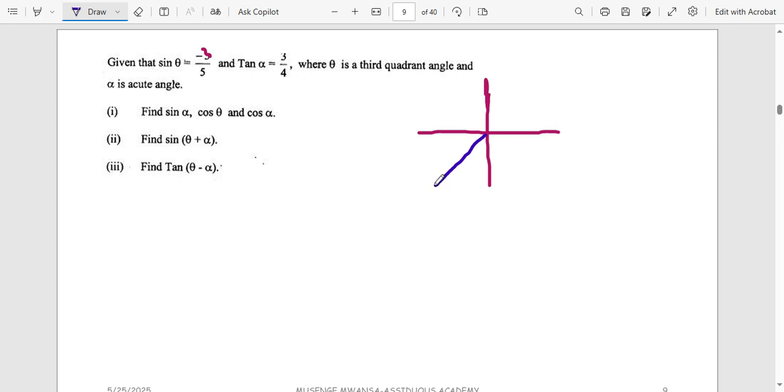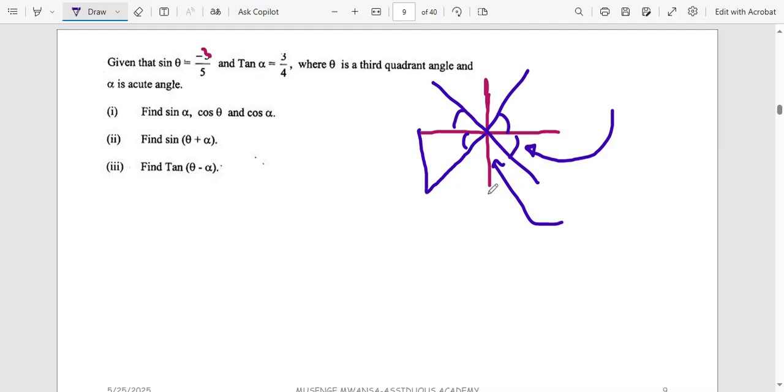The angles are always related to the x-axis. If you are in the third quadrant, the angle you are dealing with is this one; in the second quadrant, this one; in the first quadrant, this one; in the fourth quadrant, this one. So the angle is always related to the x-axis, not this, because this is related to the y-axis.